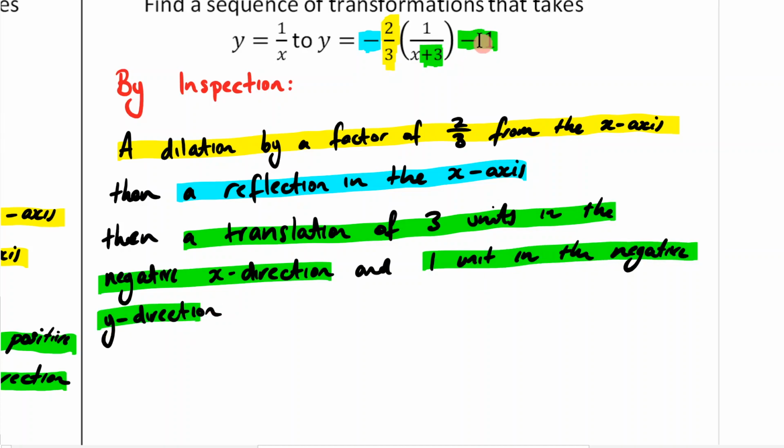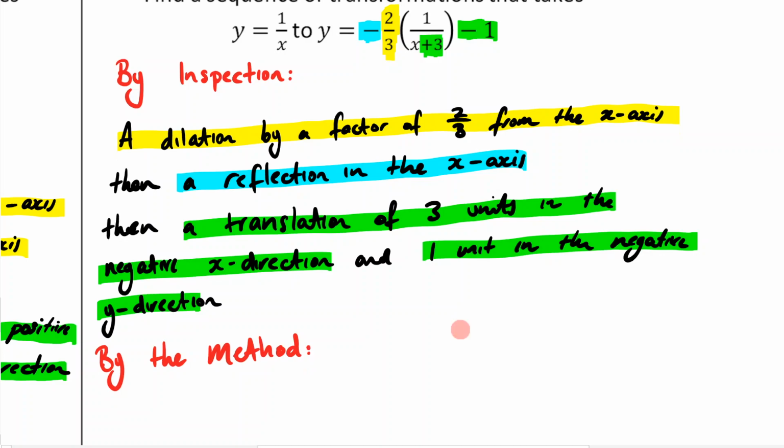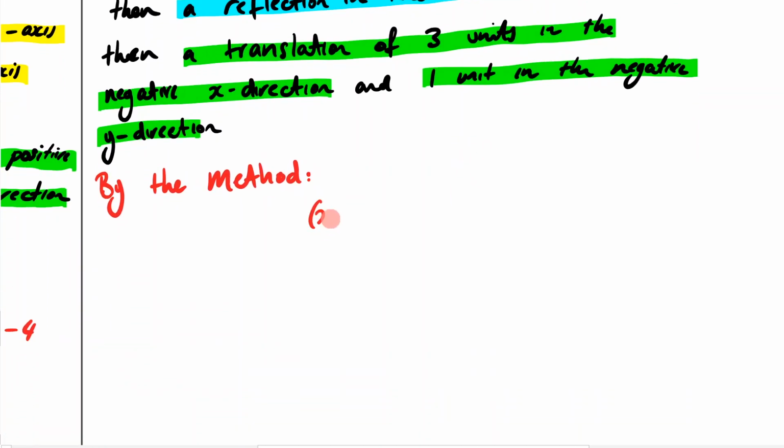Now, let's do it by the method, just for completeness' sake. So now I'm going to do it by the method, and I will get the same answer. So to do this by the method, I start with x, y, and I'm going to x dash, y dash.